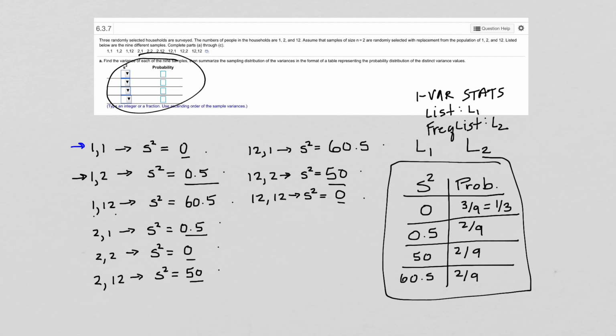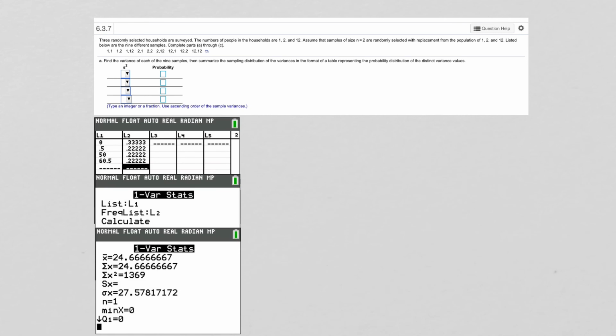Okay. So I entered my sampling distribution into the calculator, and I ran one variable stats with L1 as the list and L2 as the frequency list. And what I'm looking for is the mean of the variances.